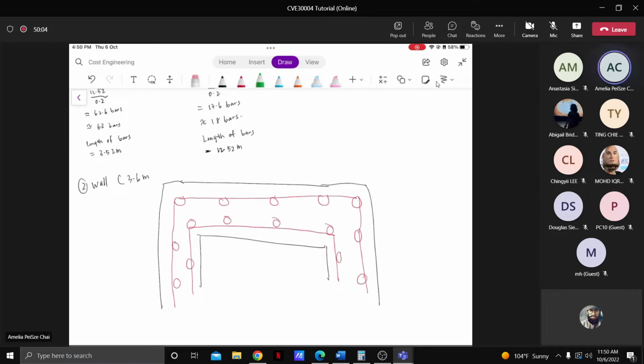We have cover here, 0.04. Then here also got the cover 0.04. The whole length is 12.6. So you minus off these two, equals 12.52.